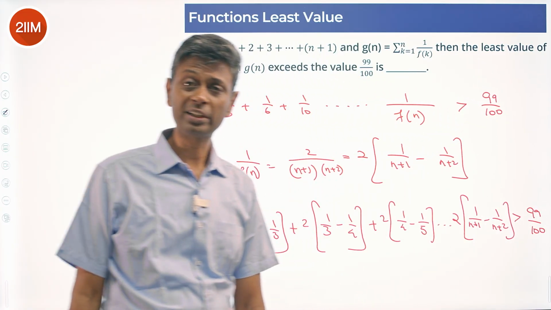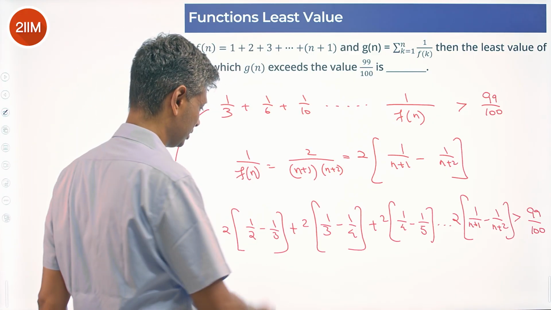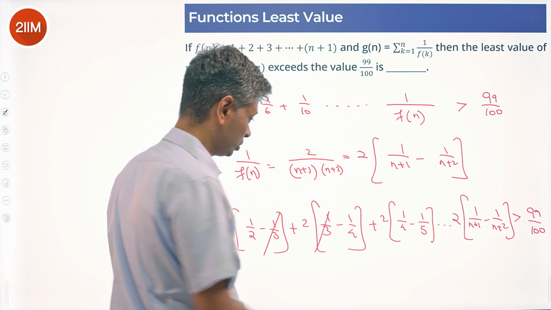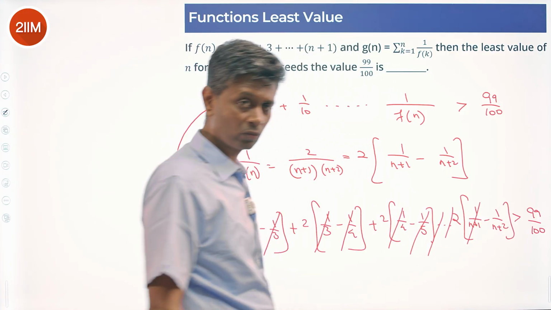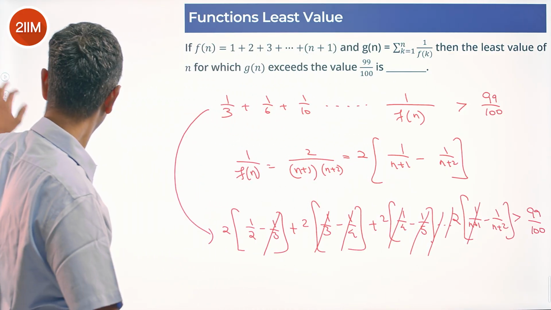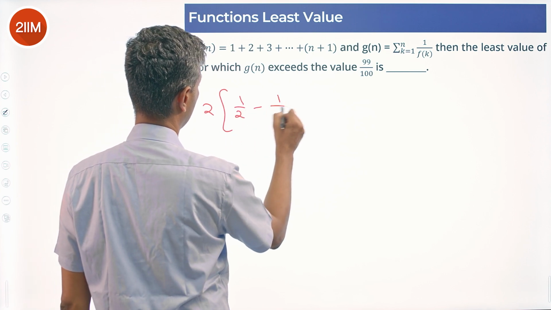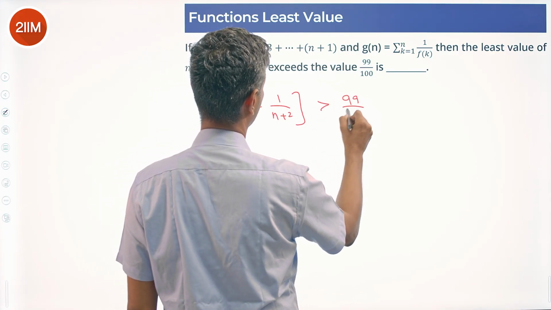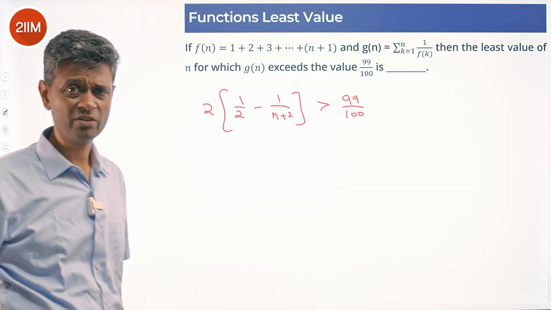The beauty about breaking into partial fractions into series like this is that a bunch of terms get cancelled. Remember all of them are multiplied by 2. Finally I'll have 2 times 1 by 2 minus 1 by n plus 2 greater than 99 by 100. The smallest n where this is achieved, that's my answer.